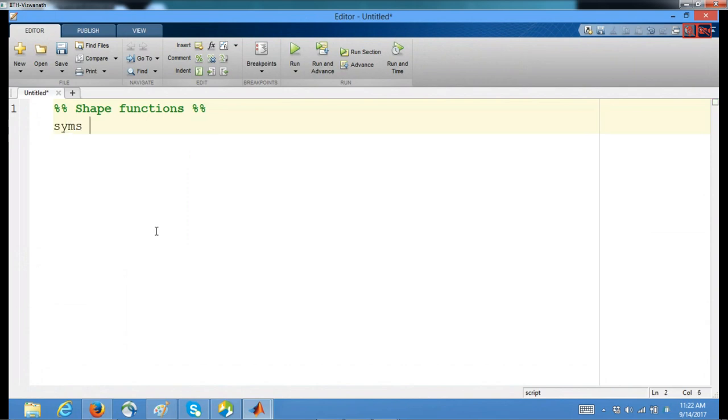Since A B x, our capital X, sorry, this is two dimensional, so I have to give y also, is equal to 1 x y and x star y.